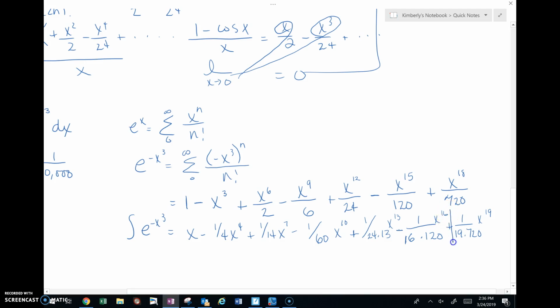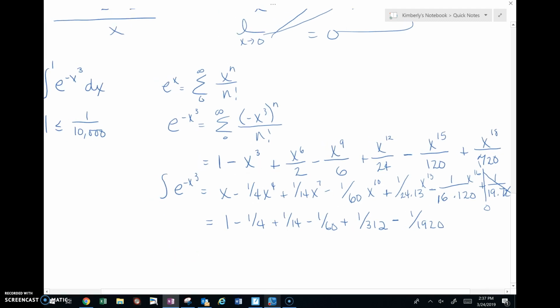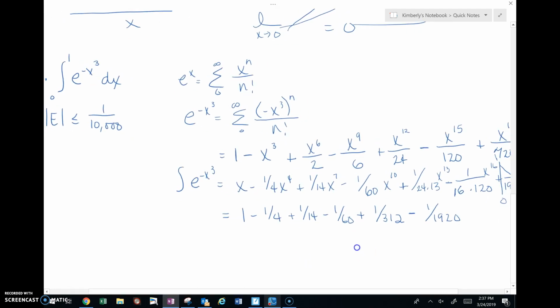So when I evaluate this from 0 to 1, knocking out this term because it's a convergent alternating series, my sum is actually, from 0 to 1, 1 minus a 4th plus a 14th minus a 60th plus 1 over 312 and then minus 1 over 1,920, and that's an approximation of the integral from 0 to 1 of e to the negative x cubed.